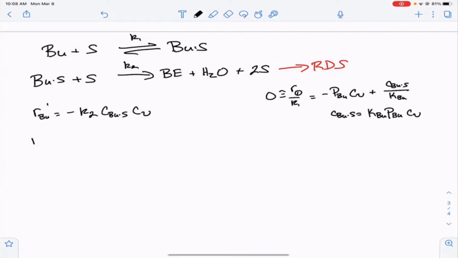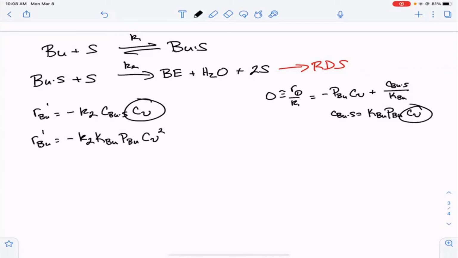And so if that's the case now, and we substitute this in, this just becomes minus K2 times KBu times PBu times Cv squared, because there's a Cv here and there's a Cv there. And if we do the site balance, the total number of sites is the vacant sites plus CBu·S.